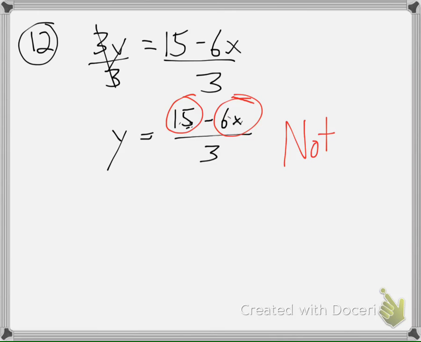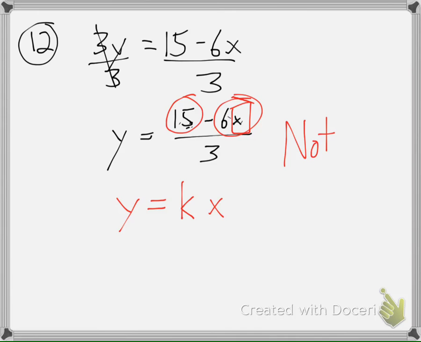Why? Because direct variation looks like y equals some number times x.